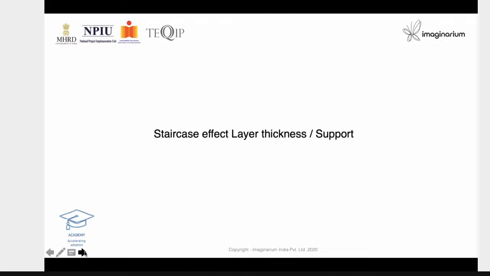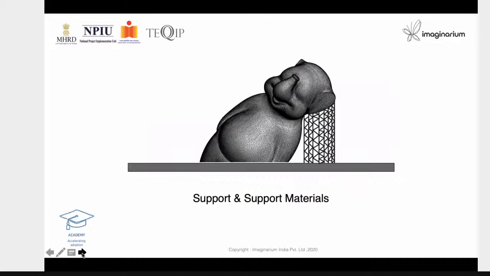Okay, I think this slide should have gone earlier. Well, we will now look at support, which is very important. Support is inevitable. Many times the cantilever cannot be sustained. So you need to have scaffold, which will help build things which are in an inclined fashion.